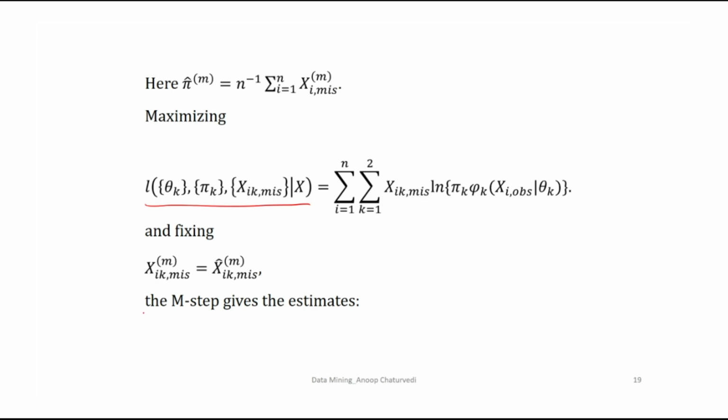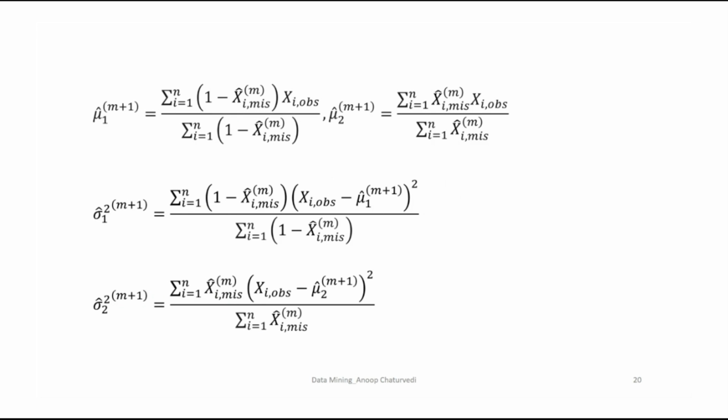Then in the M step, we get the estimates, say, mu 1 hat m plus 1 is equal to summation i equal to 1 to n of 1 minus xi missing hat m times xi observed, divided by summation i equal to 1 to n of 1 minus xi missing hat m.